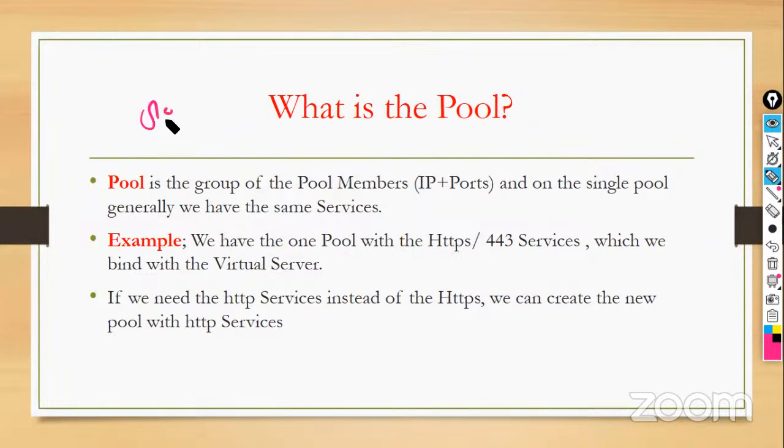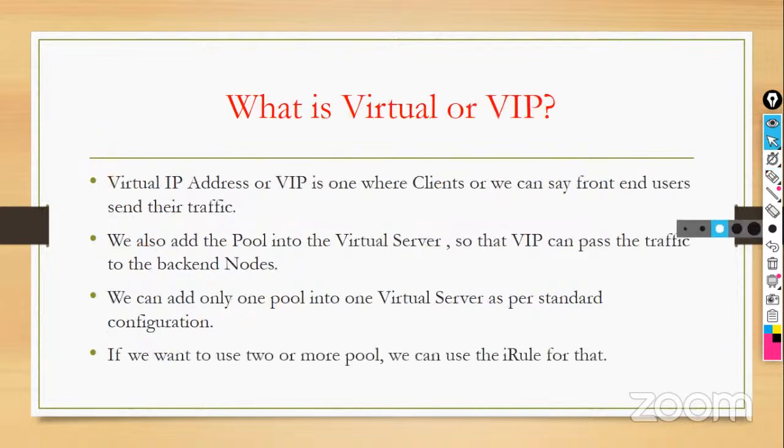If you have the 80 pool with the 80 service, only add the nodes where we have the HTTP service. And in the HTTPS pool, always add your HTTPS pool members to this pool, right? So what is the virtual?